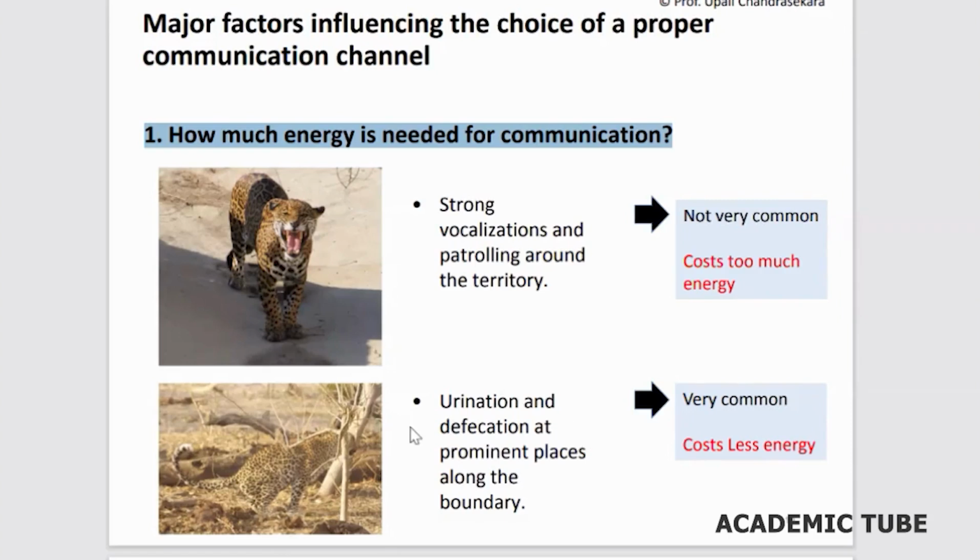Urinating and defecation at prominent places along the boundary is very common, because those activities require the least amount of energy. Therefore, in order to communicate, they select olfactory communication because it requires the least amount of energy.